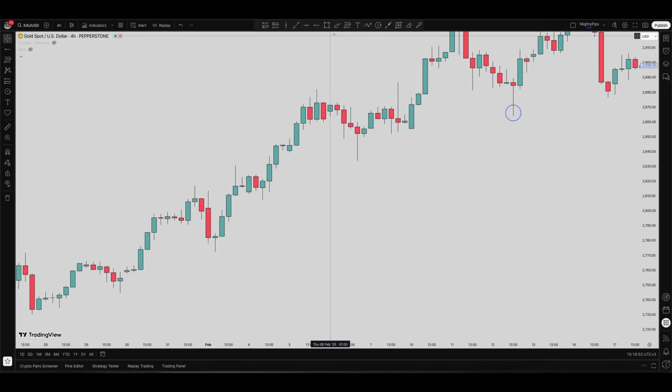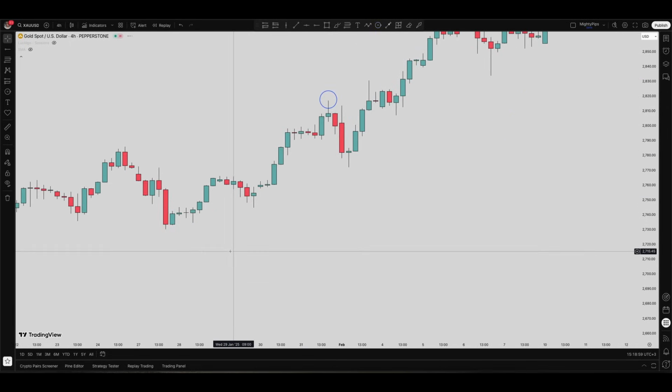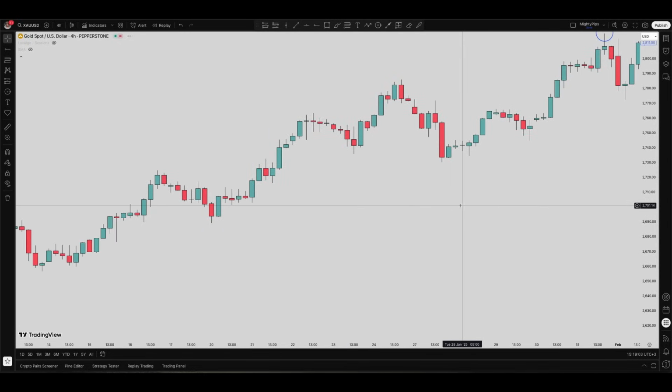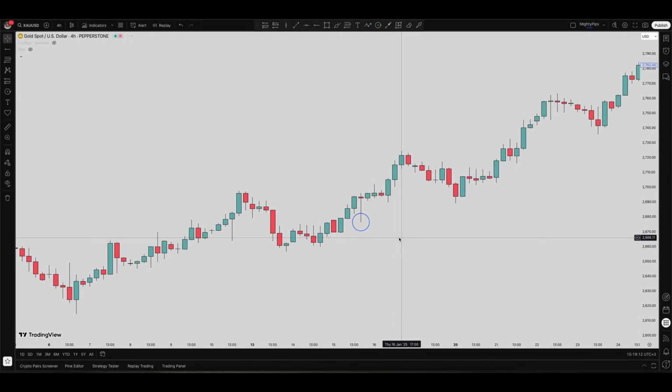When you see a long wick on top of a green candle, you know there is possibly a reversal to the downside. So whenever you're looking for trades, or whenever you're looking for those patterns, consider also the wicks that are happening, because the wicks can tell you what could happen in that case.